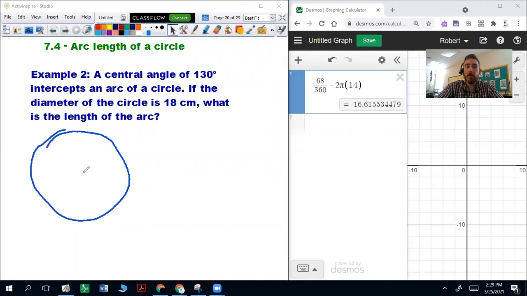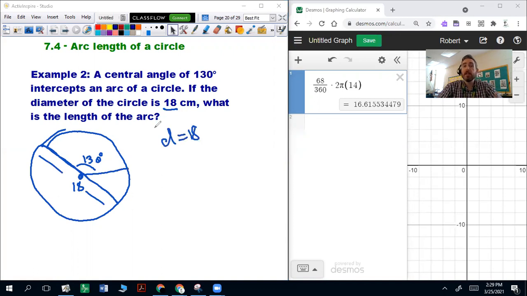You got 130 degrees, so that's a pretty big angle. That's an eyeball estimate there. An arc of a circle, the diameter of a circle. So our diameter is the distance across. That's going to be 18. So the diameter is 18. What is the length of the arc?